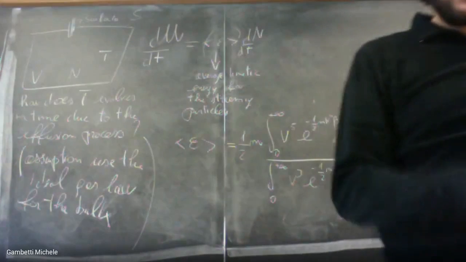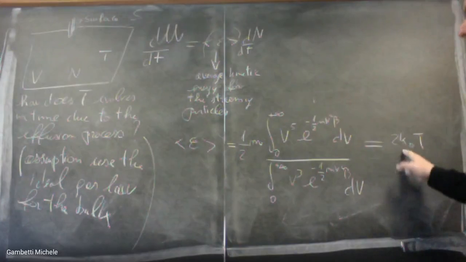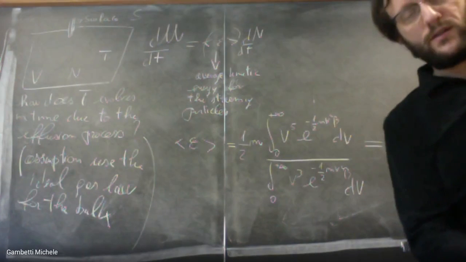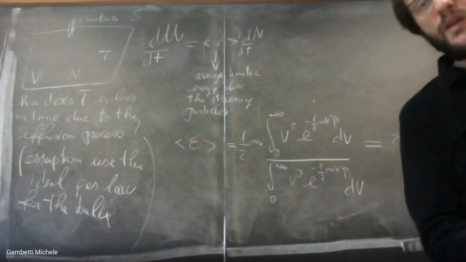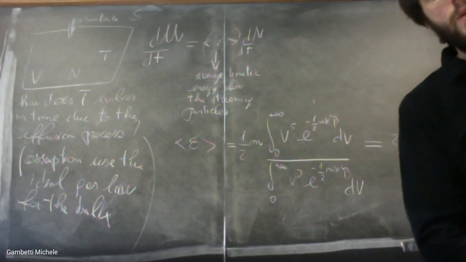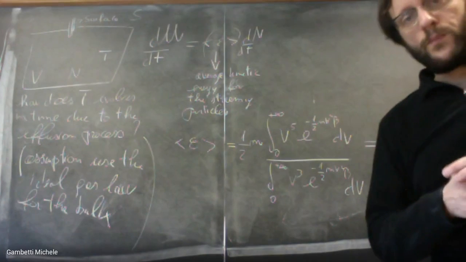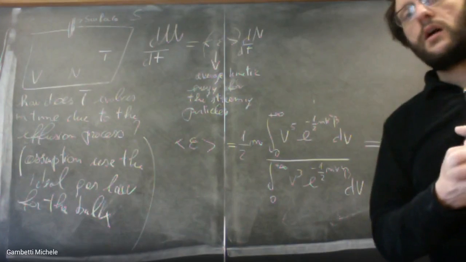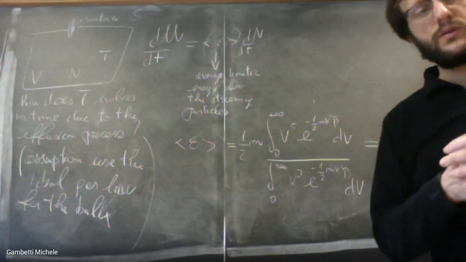Which is already an interesting result, because you might remember the average energy of a particle in the bulk. Does anybody remember this? You remember the equipartition theorem, which we will repeat, that says that to every degree of freedom there is a kBT divided by 2 contribution.